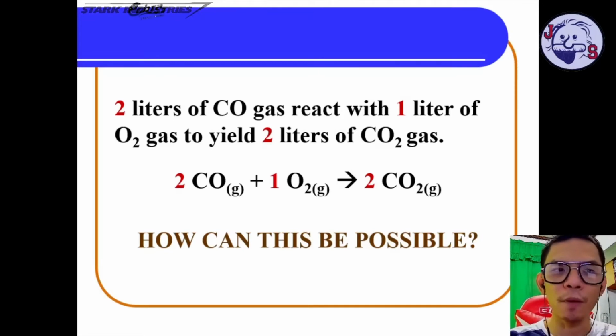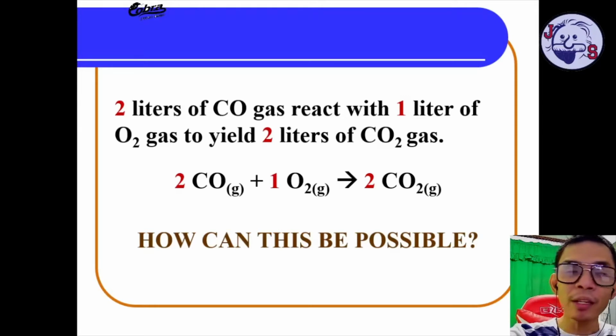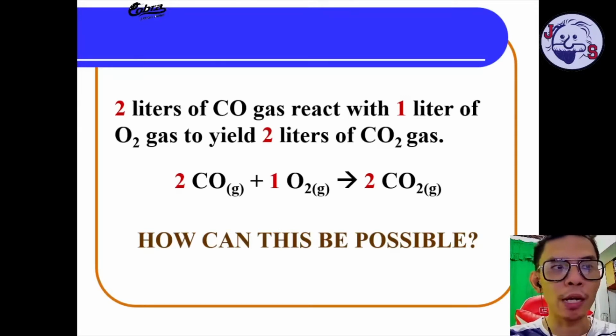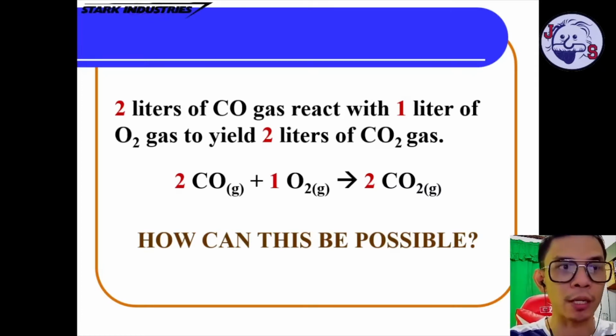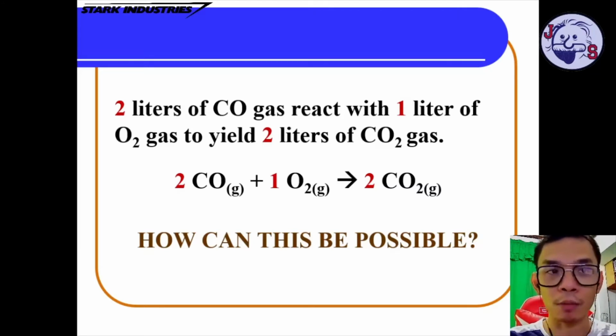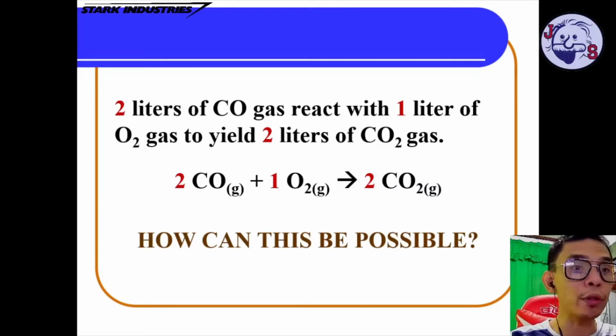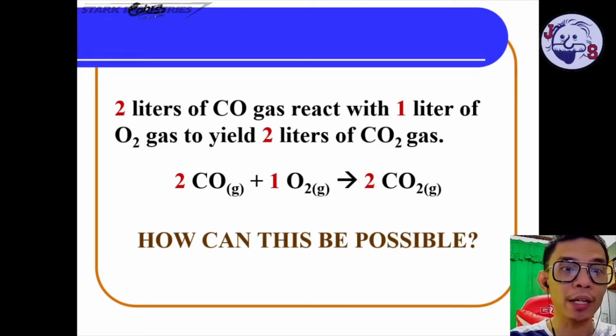These rules must be followed in order for this to be possible. Now, how is it possible that 2 liters of carbon monoxide gas and 1 liter of oxygen gas will produce 2 liters of carbon dioxide gas? This lesson will explain how this is possible.